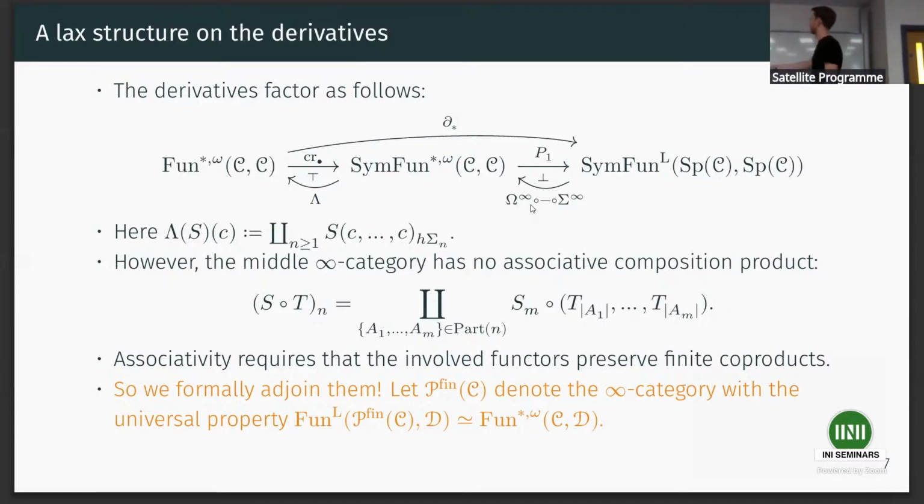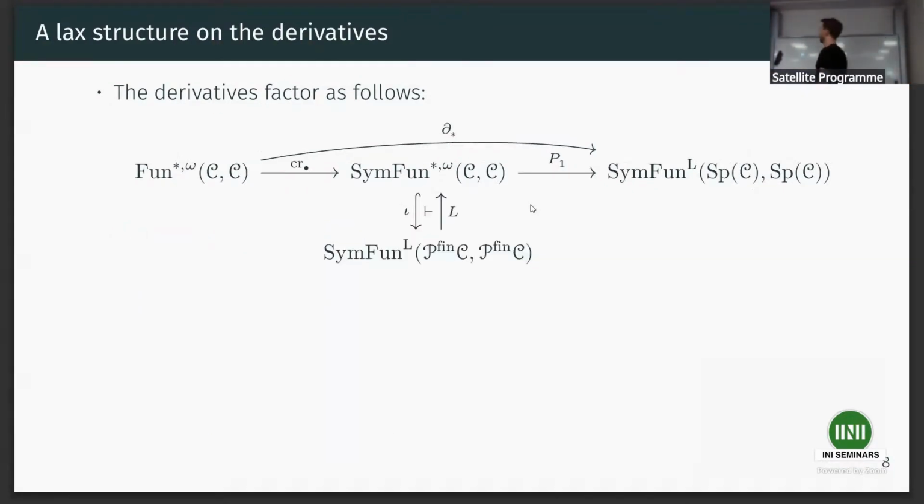So the idea is that we define the functor category that's called P-fin of C. It's something like taking presheaves and then localizing. And it has the property that colimit preserving functors out of it are the same as finitary reduced functors out of the original category. So, well, we can look at that category and we can put it here.